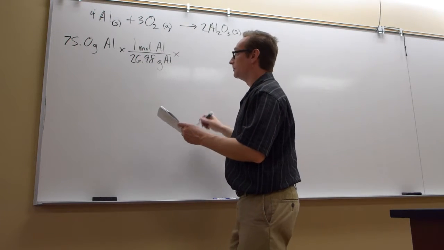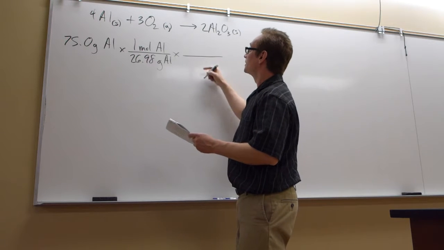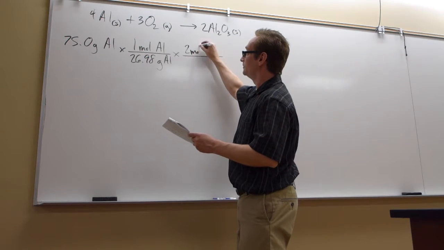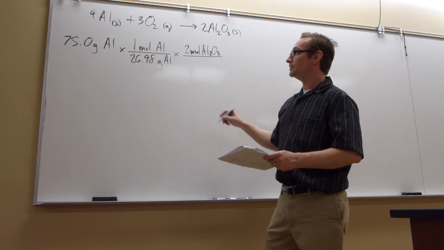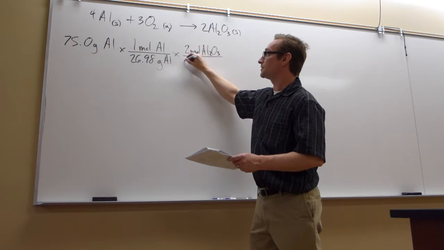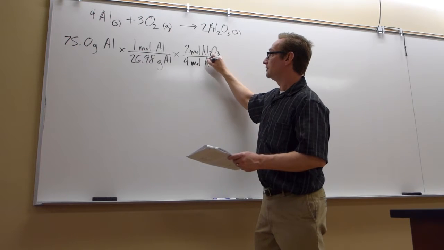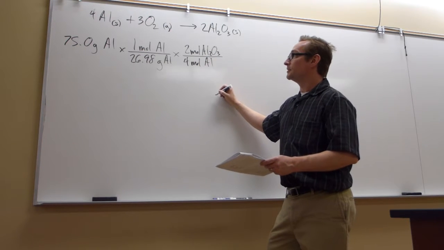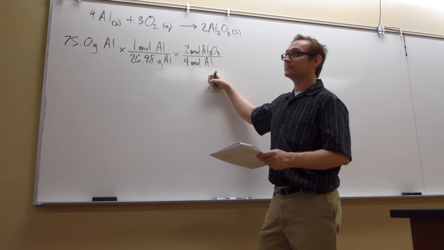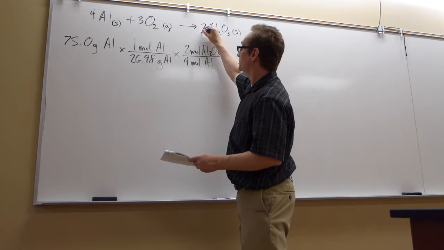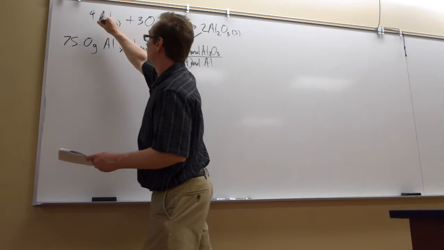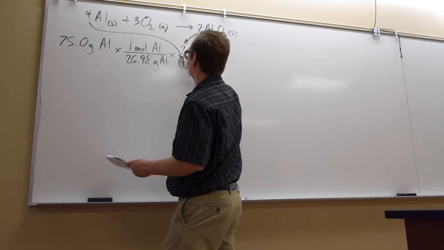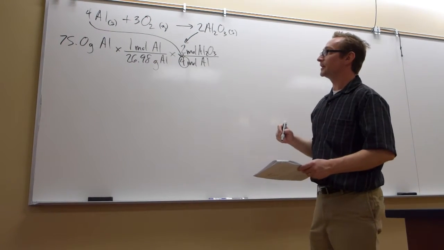And then we have our mole ratio. We produce 2 moles of aluminum oxide for every 4 moles aluminum. Is everybody okay with where I got this ratio from? So this 2 comes from that, and this 4 is from that aluminum.